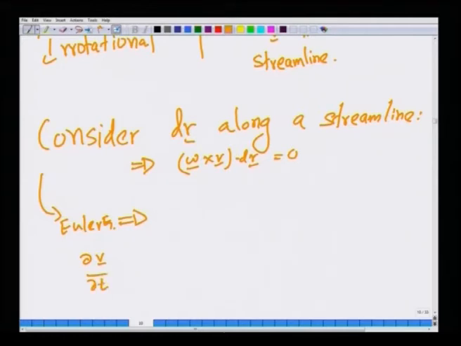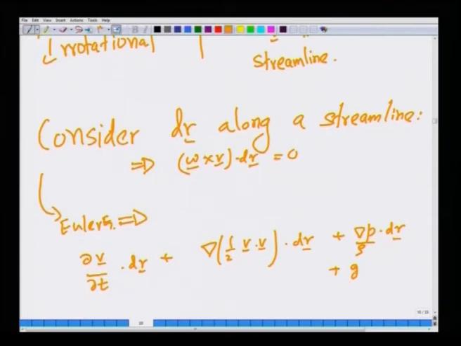del V by del t dot dr plus the gradient of half V dot V dotted with dr, plus del p dot dr by rho, plus g.